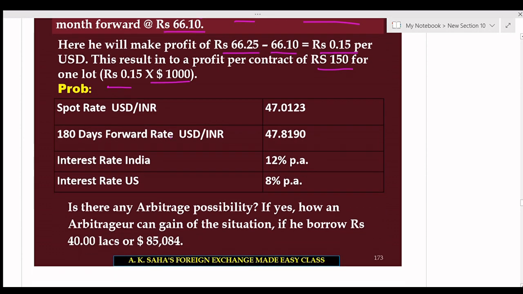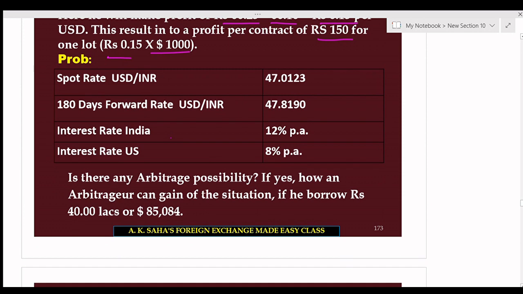Next come to a problem. Given spot rate USD INR is rupees 47.0123 per dollar. The 180 days, that is 6 months, forward rate USD INR is 47.8190.